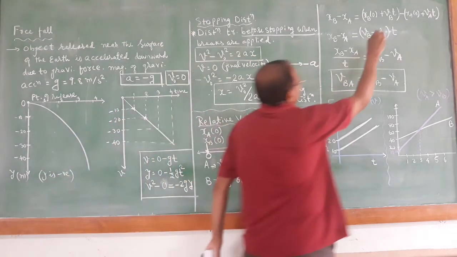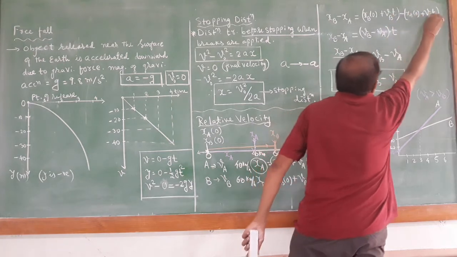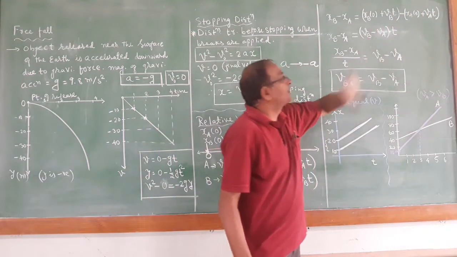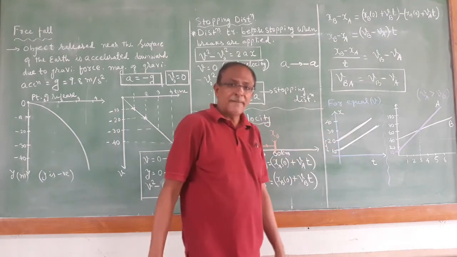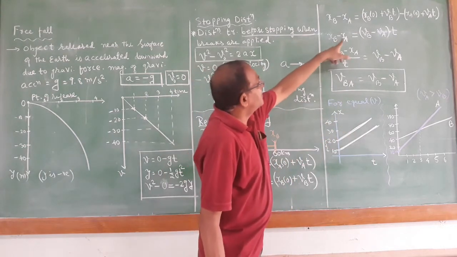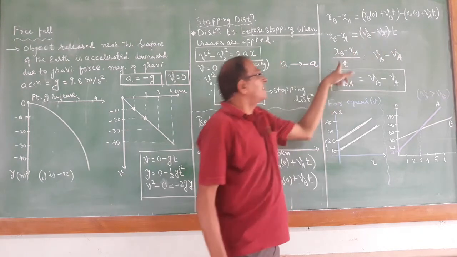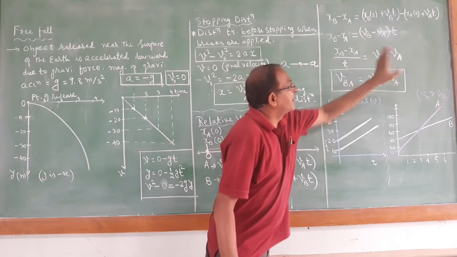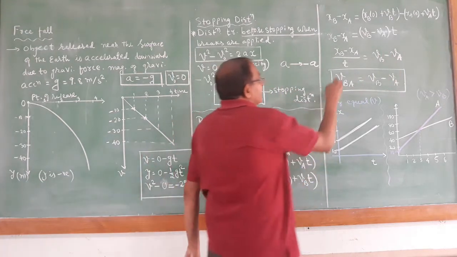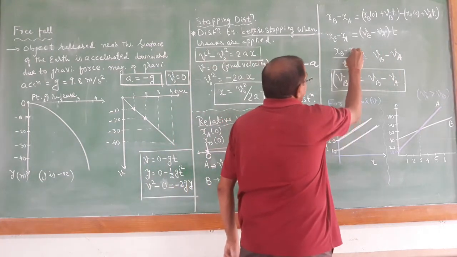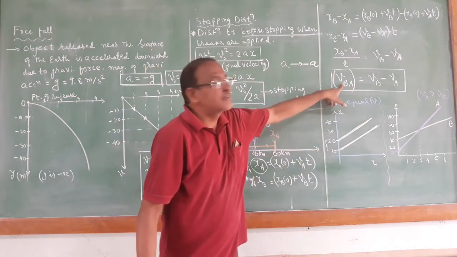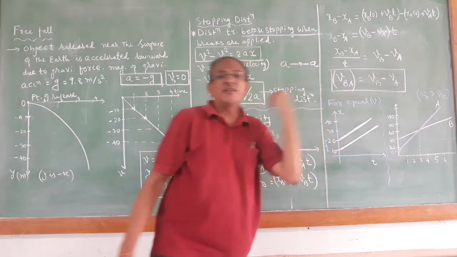So now you will have vbt minus vat. T can be taken as common, so it becomes VB minus VA. Now, if you take XB minus XA upon T, then it will be VB minus VA, and XB minus XA upon T is nothing but the velocity of B with respect to A, that is VB minus VA.